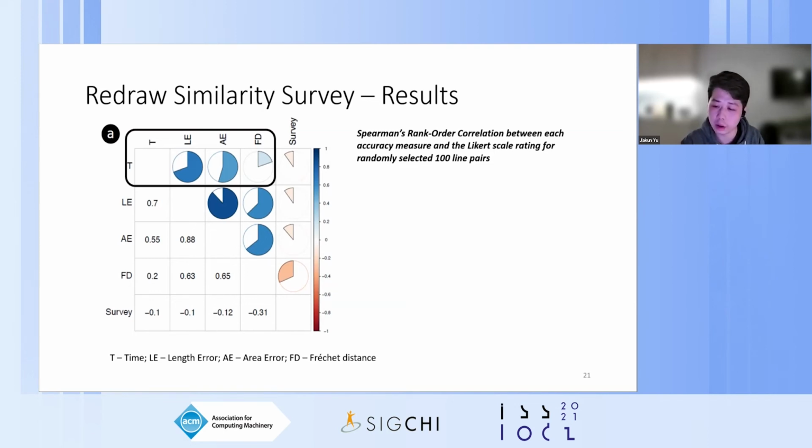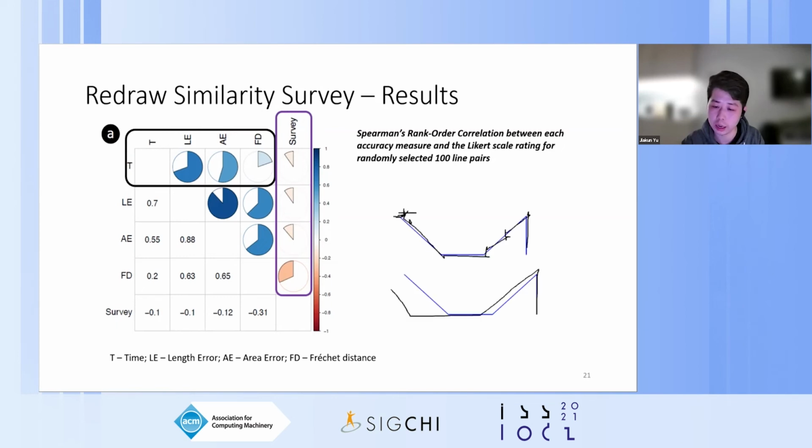More importantly, Fréchet distance shows a moderate correlation with user rating of the redraws, compared to the T and LE measures. This finding is indicative that FD is moderately correlated with user rating of redraws. As you can see in this picture, the quality of the redraw is much more related to the Fréchet distance.